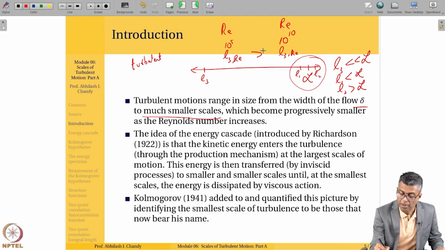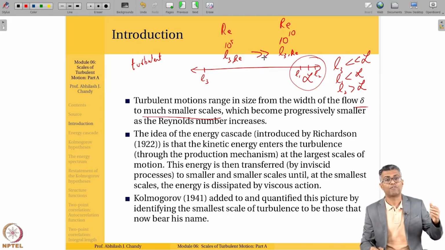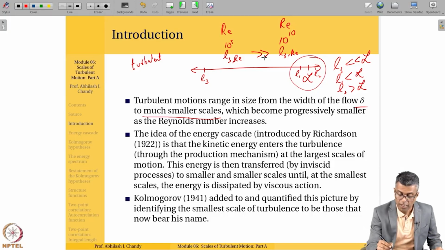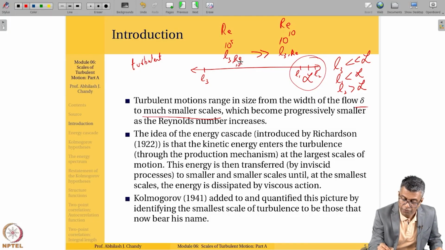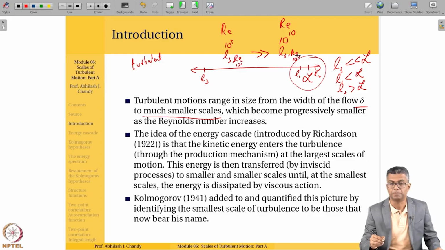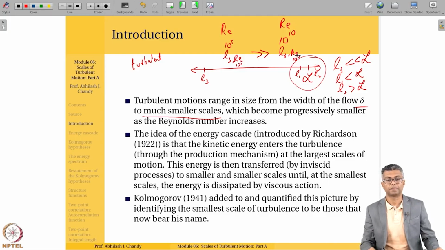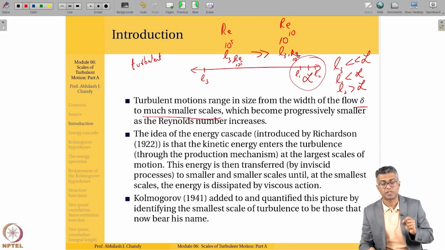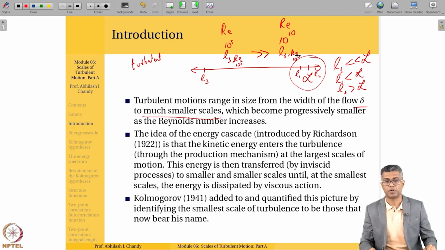So it is much smaller than the L3 for 10 to the 5 Reynolds number. That is what I'm talking about. So the smallest length scale at Re of 10 to the 5 is much larger than the smallest length scale at Re of 10 to the 10. That is what this sentence means. The smaller length scales become progressively smaller as the Reynolds number increases.